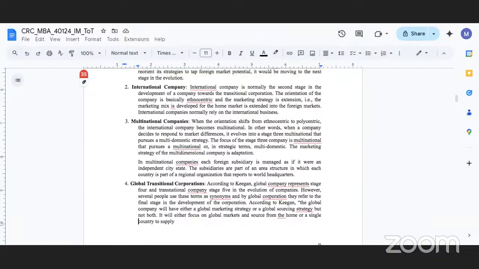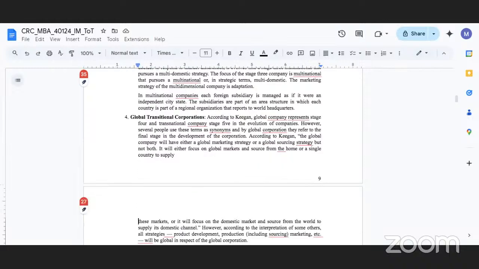The focus of the stage three company is to become multinational. That means it has become, in one term, multi-domestic, meaning I'm still looking at my own country as a base. However, I'm further expanding into a multi-domain, a multi-area. So it is called multi-domestic.